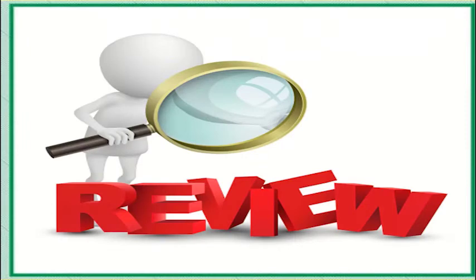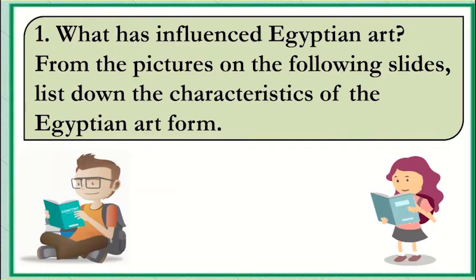Before we start, let's have a review about our previous lesson. First question. What has influenced Egyptian art? From the pictures on the following slide, list down the characteristics of Egyptian art form.